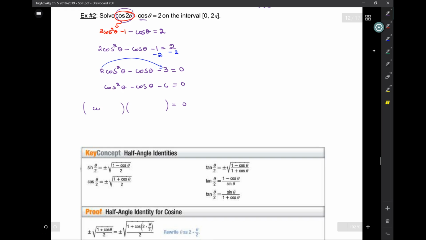I have cosine theta, cosine theta. I need 2 numbers that multiply to negative 6 and add to negative 1. Any ideas? Right. And now I had taken out a 2, so I'm going to put that back. That means here I get 2 cosine theta minus 3, cosine theta plus 1 equals 0.